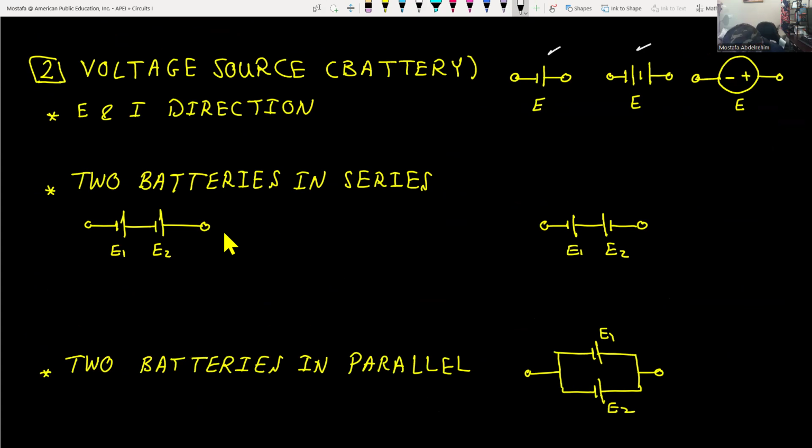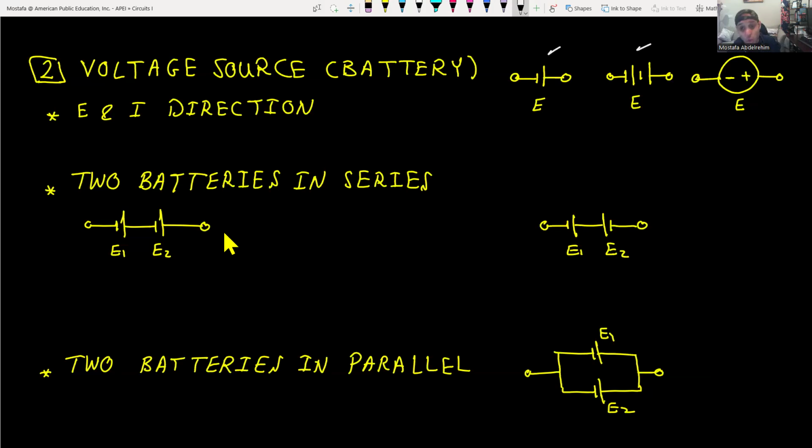These 3 ones here are the most famous ones. They're just symbols, but it comes in many shapes. We deal with them the same, there is no difference in analysis if it has a different shape or symbol.